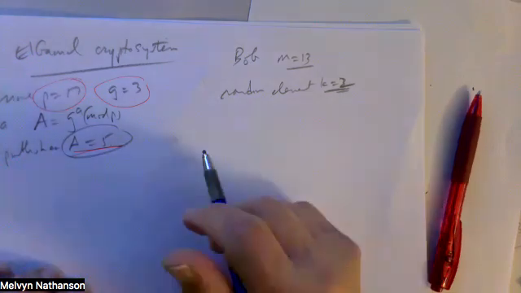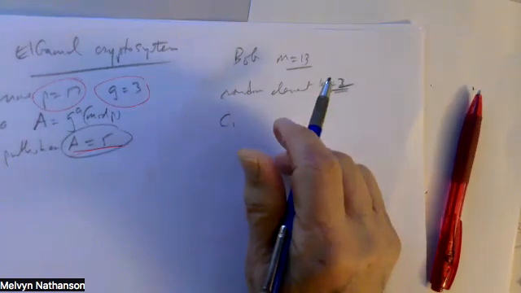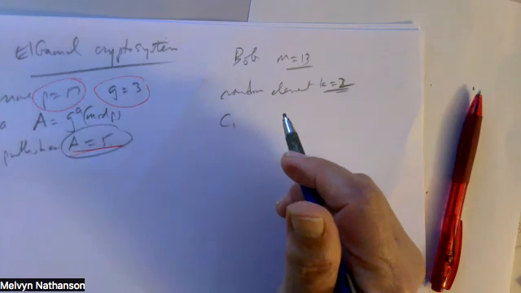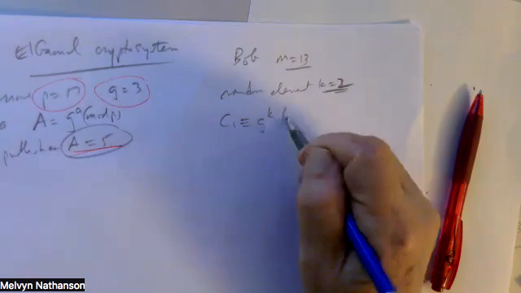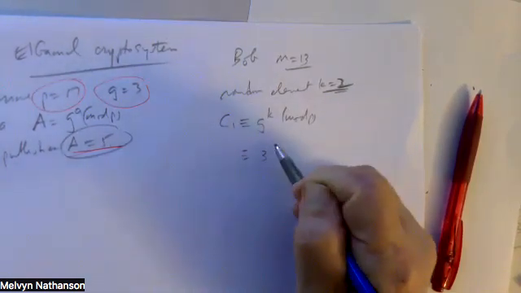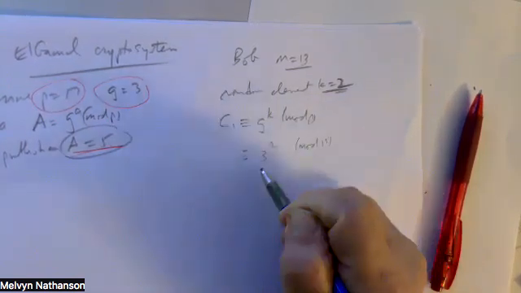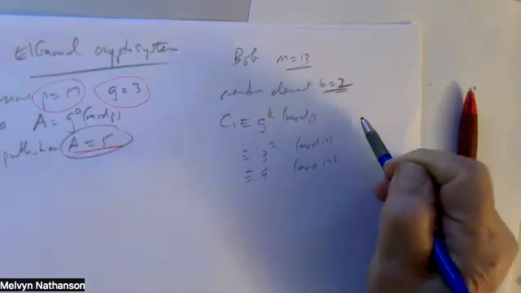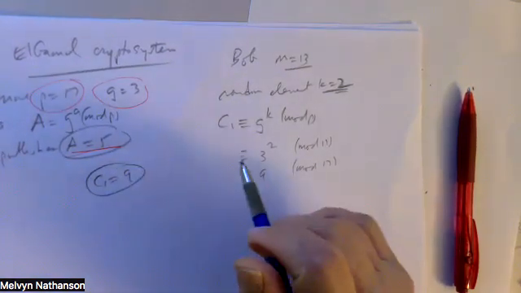And he wants to compute C1 and C2. So C1 is going to be g to the k mod p. g is 3, k is 2, and p is 17. So this is just 9 mod 17. So C1 is equal to 9.